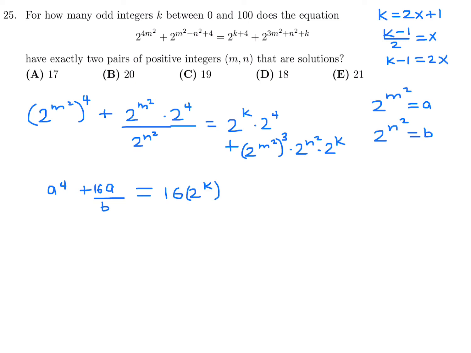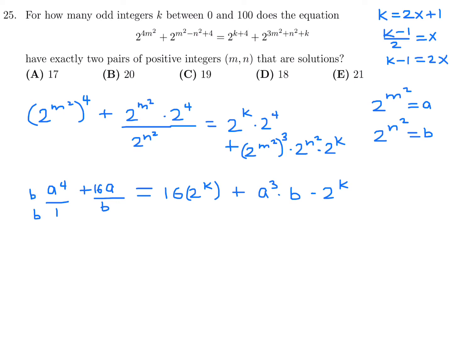And then this one will be a to the power of 3 times b times 2 to the power of k. Okay, so far there's no tricks, it's just standard substitutions. And also, interestingly, I thought that we might need to use this substitution, but we haven't. Okay, no problem. Now let's start to simplify.